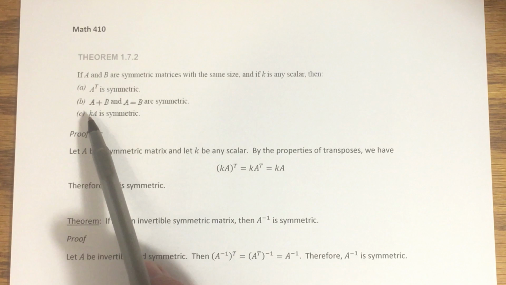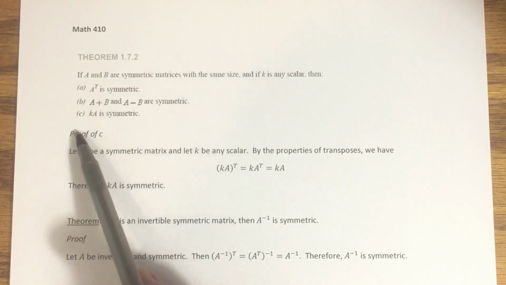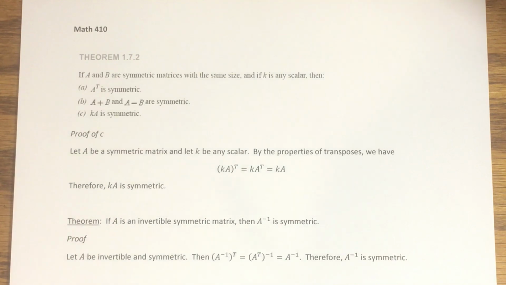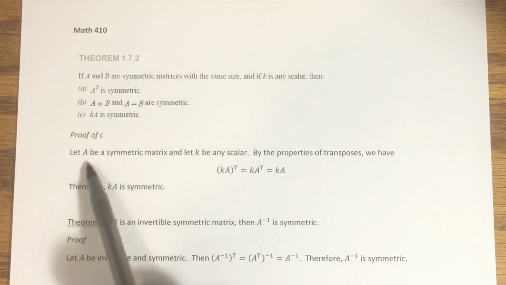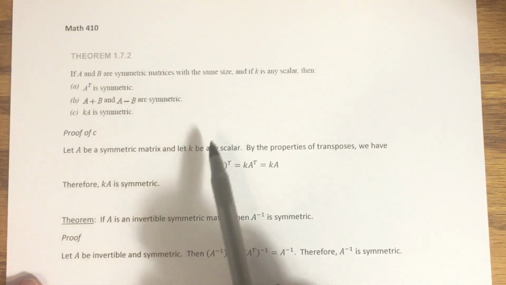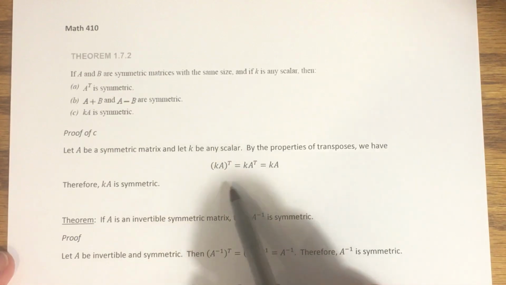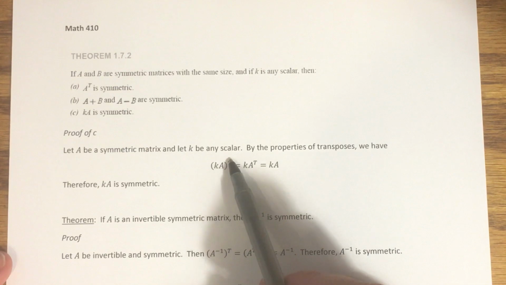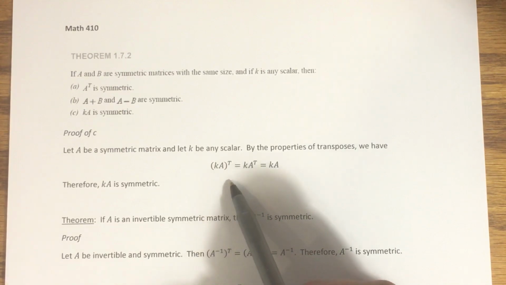Which is to say, for example, we're going to prove C here. If I want to show that KA is symmetric, then I have to prove that it's equal to its own transpose. Well, let's do that one. If A is symmetric and K is any scalar, in order to prove that KA is symmetric, I should start by taking the transpose of that matrix and see what happens.